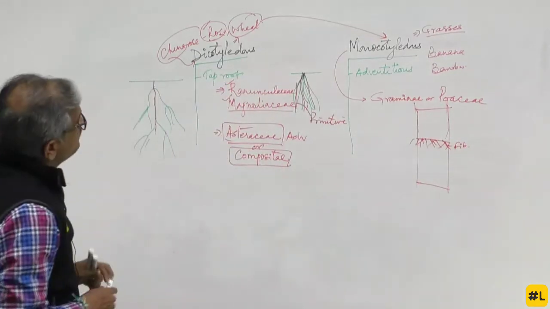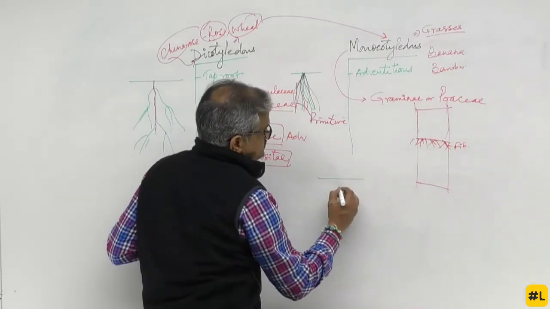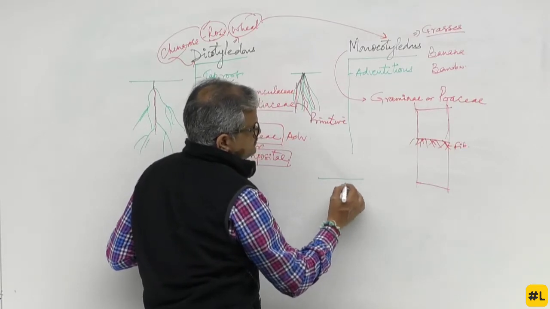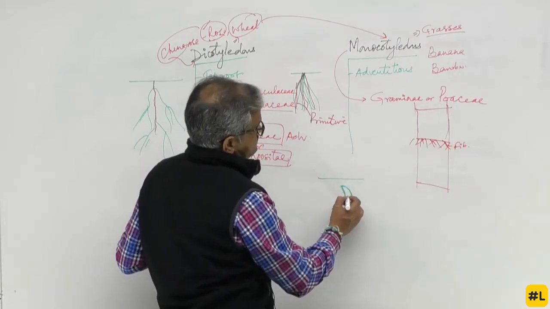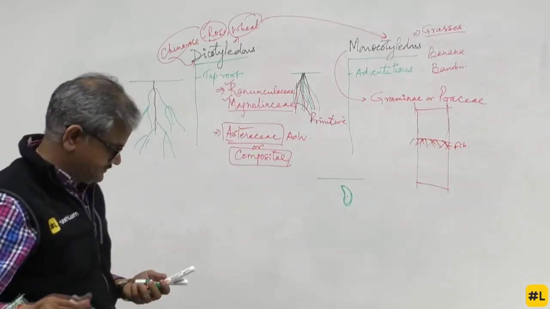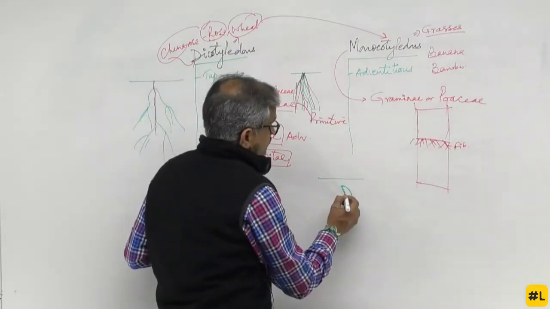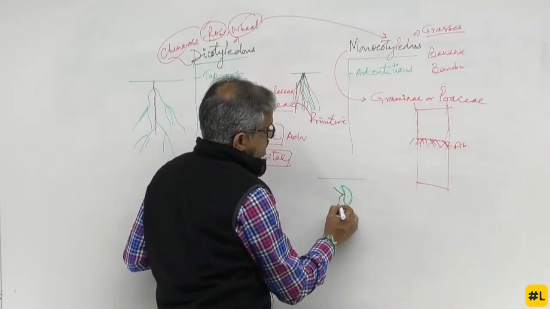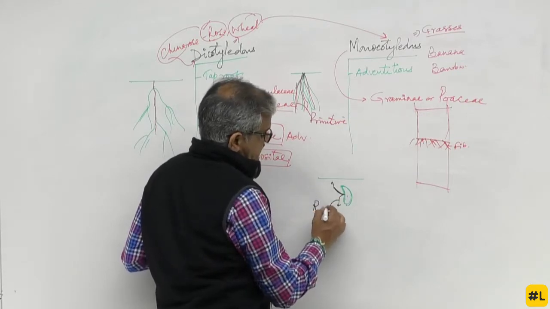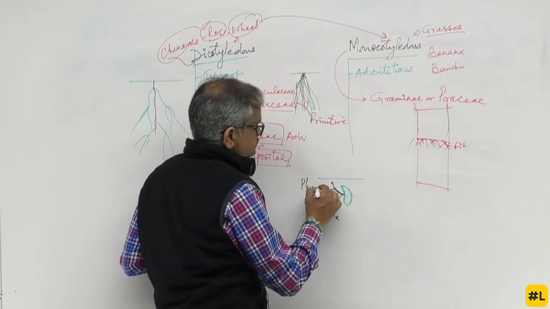Now, sir, why do you say dicot and monocot? For example, suppose this is the seed below the soil, and when sufficient nourishment is given, this gives rise to two structures. One comes down, that is called as radicle, another goes up, that is called as plumule.